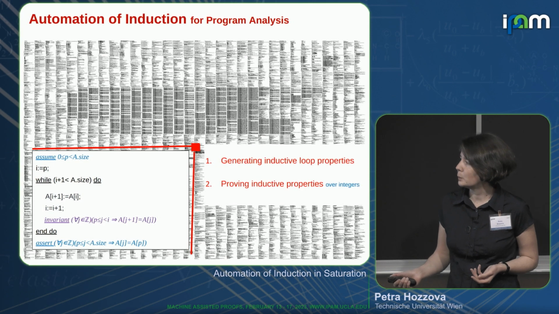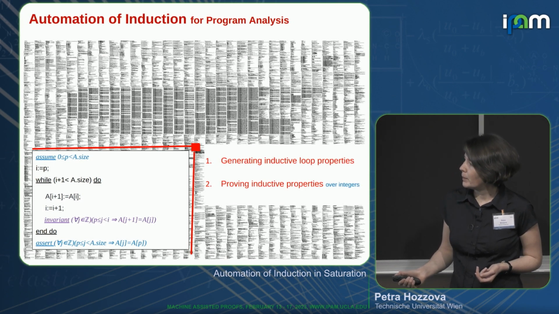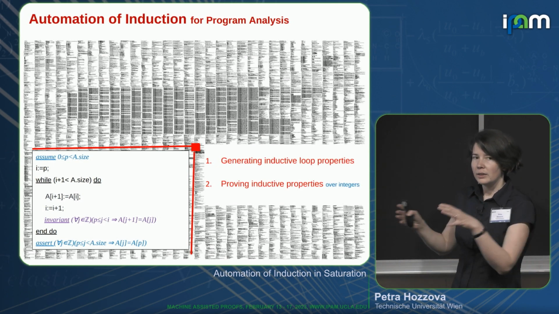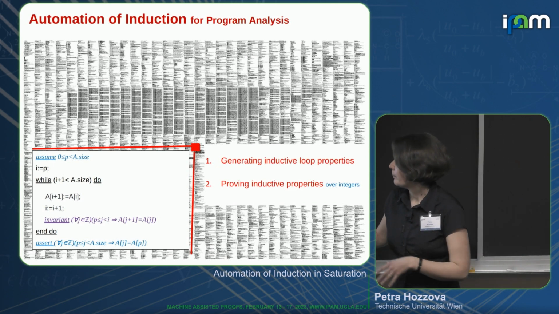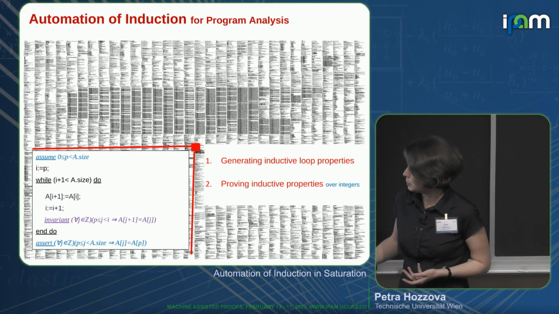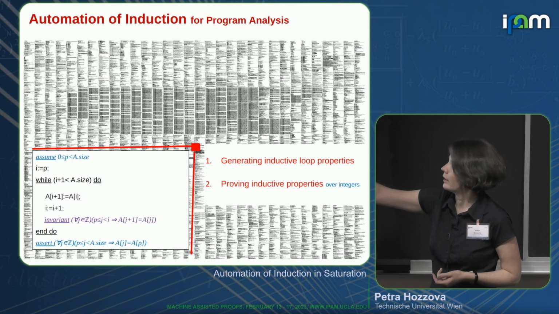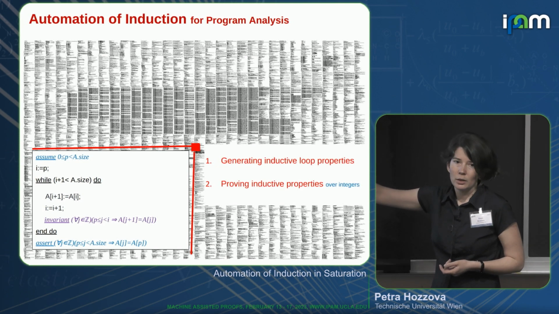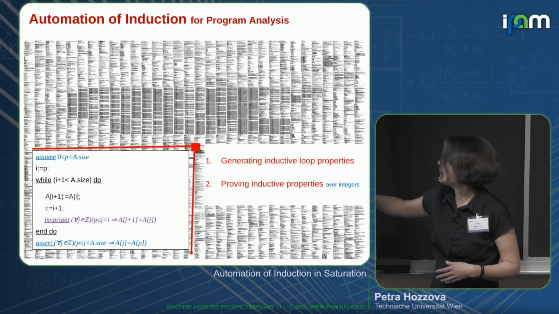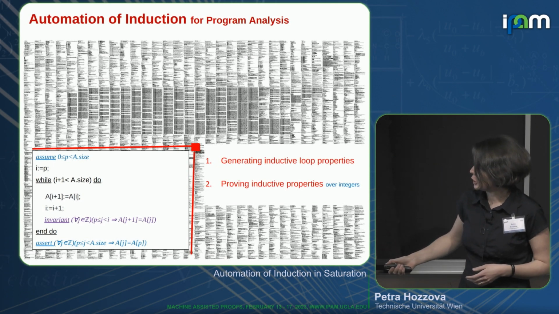And the invariant that we generate for such a loop is this one, saying that at this point in the loop, for all the positions between P and the current loop counter I, the consecutive two elements are the same. And once we generate such a property, then using this invariant and the assumption from the beginning and the negation of the loop condition, which will hold after the loop terminates, we would like to prove the assertion.